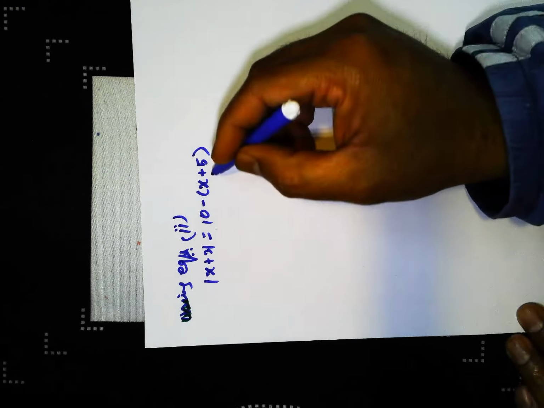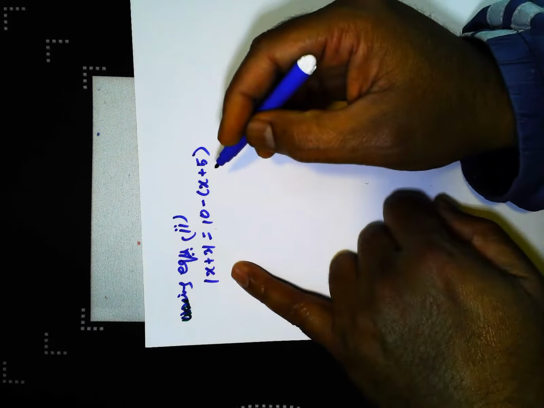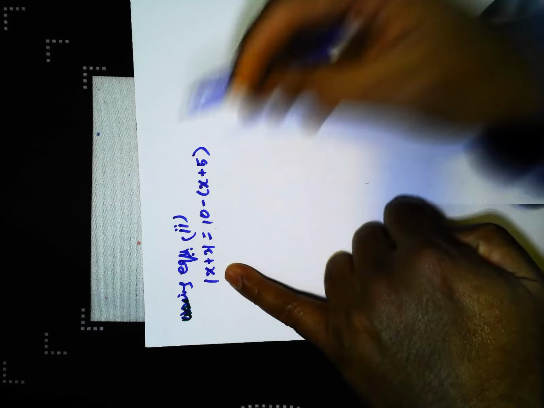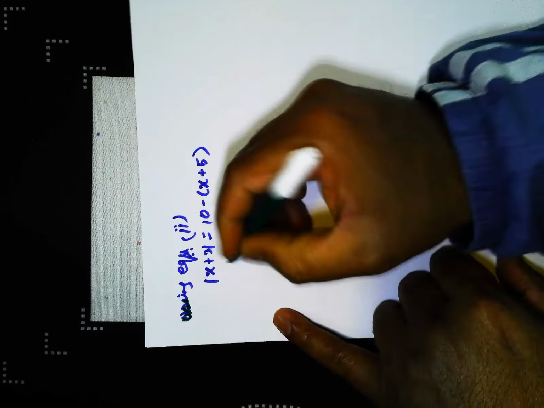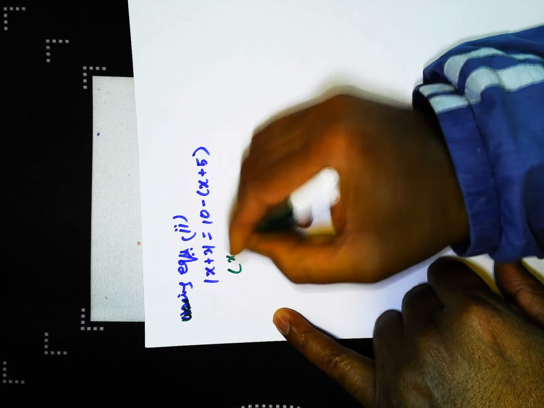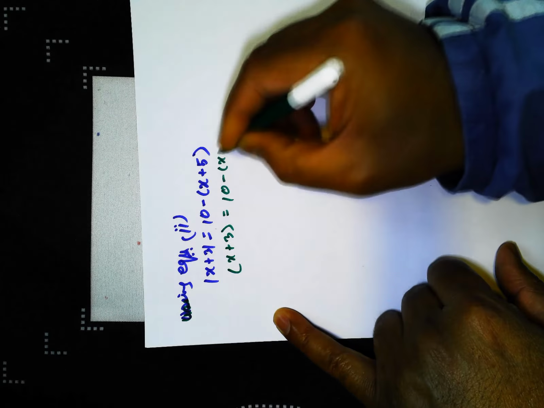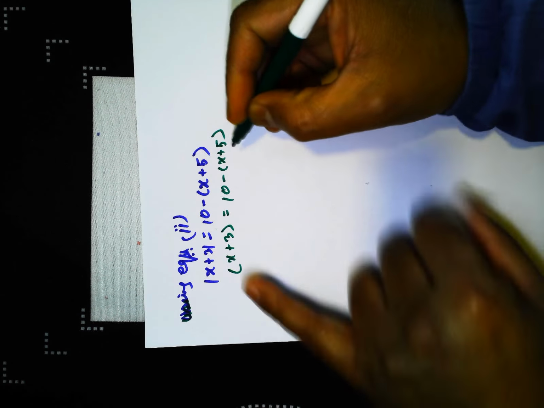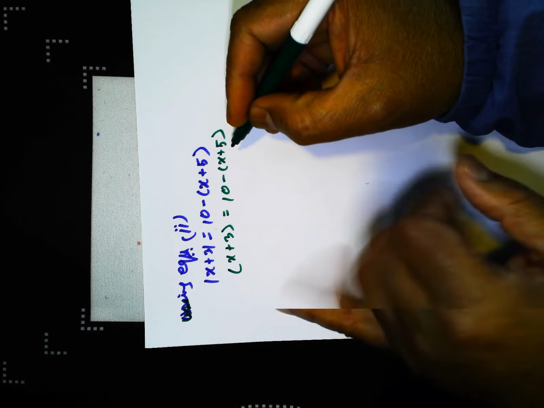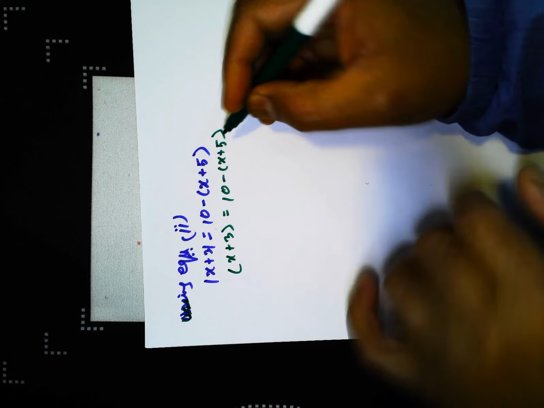Now we have already worked for the right side. Now we'll work for the left side. Here in the left side also there are two possibilities. One possibility is that x plus 3 equals to 10 minus x plus 5. I'm changing now from the left side only, because the right side's work is already done.